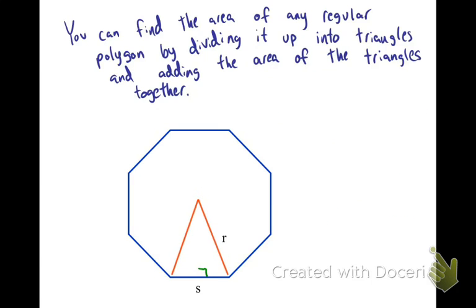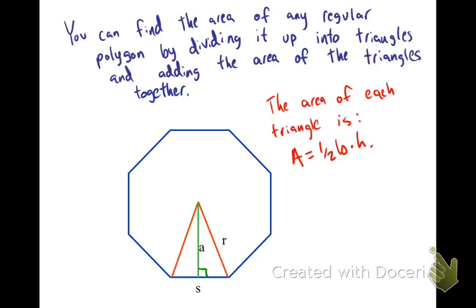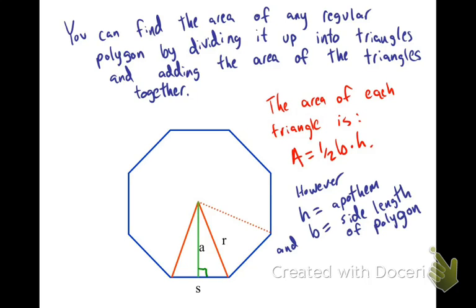All right. So you could find the area of any regular polygon by breaking that polygon into a bunch of triangles. This is where the formula A equals 1/2 apothem times perimeter comes from, because the perimeter is just the base and the apothem is the height.